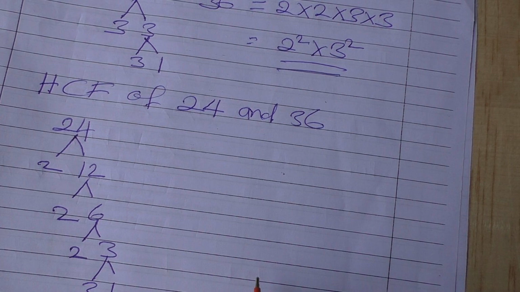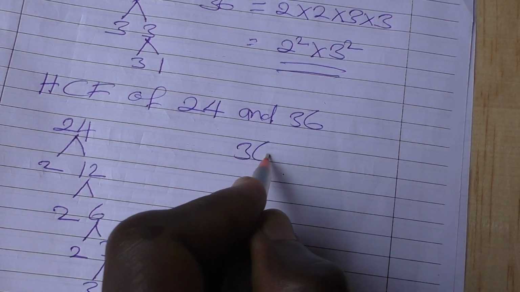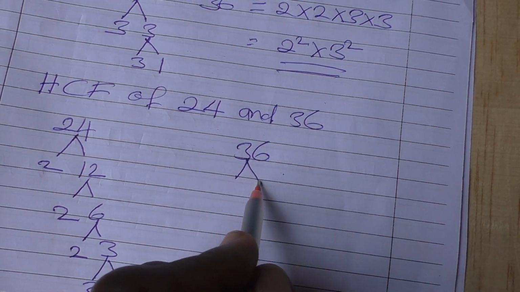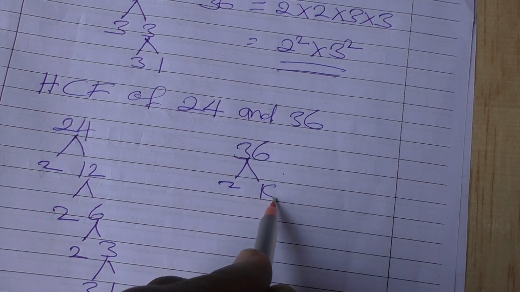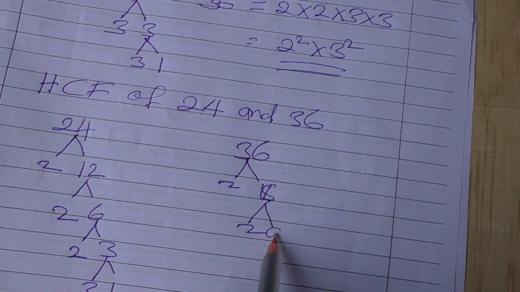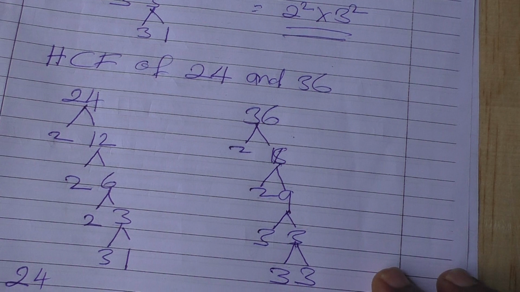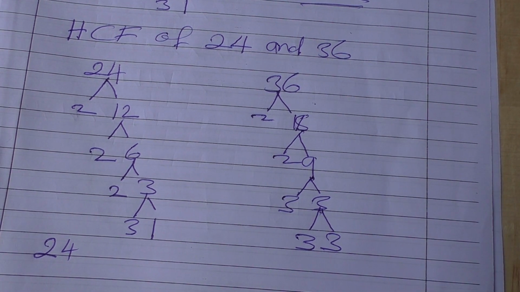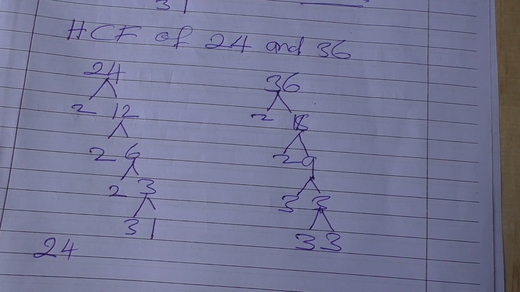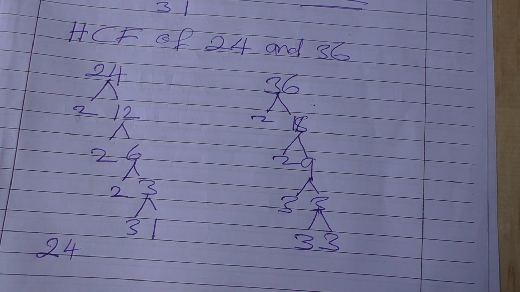Then let us also decompose 36 by 2, 18, by 2, 9, by 3, 3, by 3, 1. So after decomposing the two numbers, how do we get the HCF? Remember, HCF stands for highest common factor.